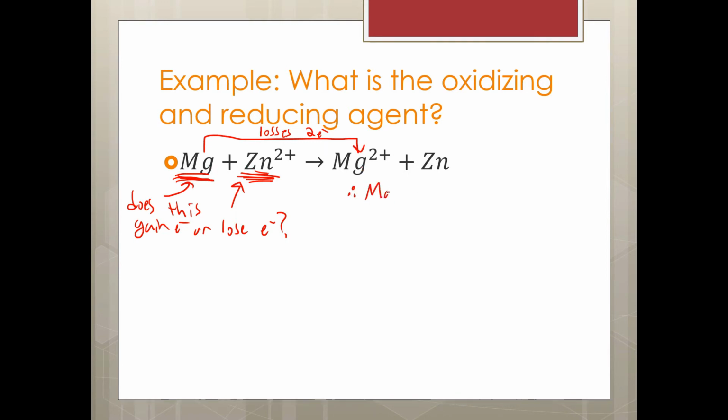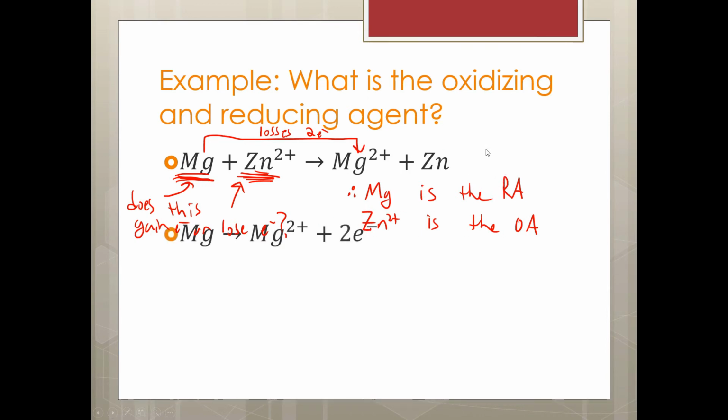So magnesium is the reducing agent because it's getting oxidized. Okay, and that means then that the zinc 2 plus is the oxidizing agent because it has to be. There's no other way, at least in this example. If I have my reducing agent, I then automatically know what my oxidizing agent is.